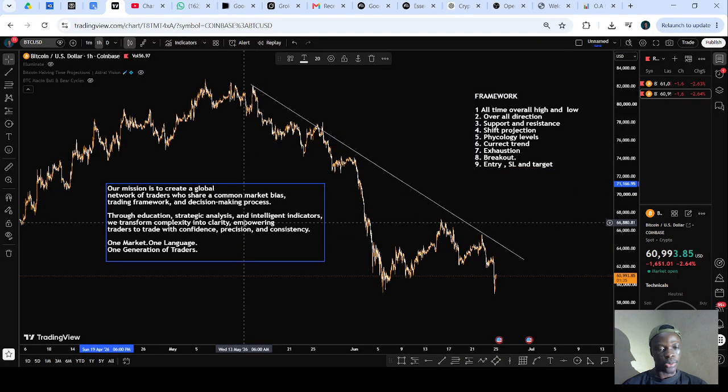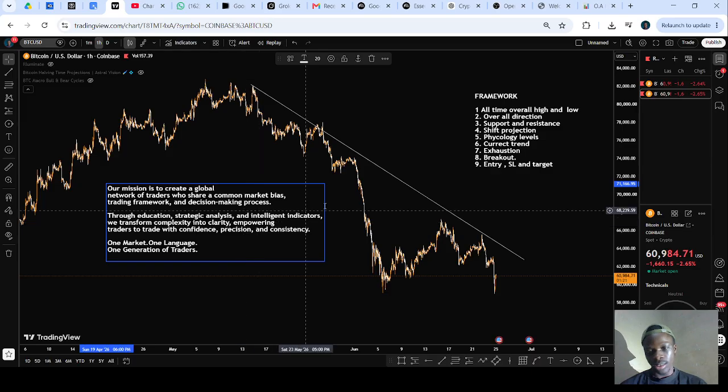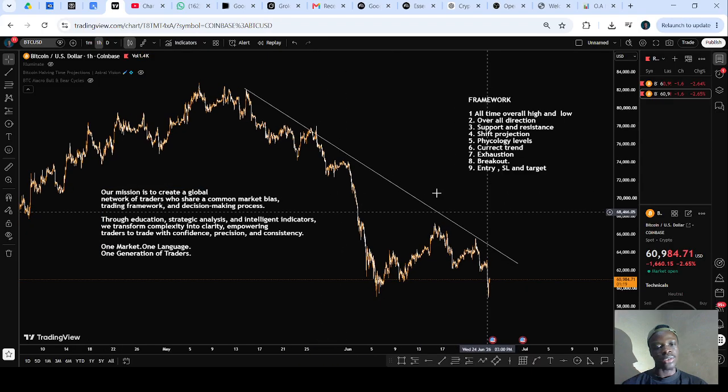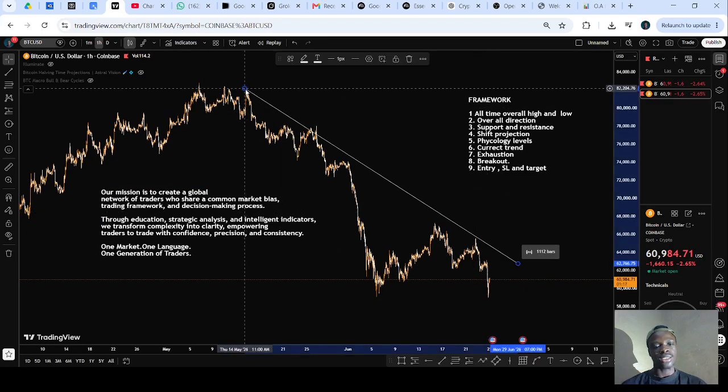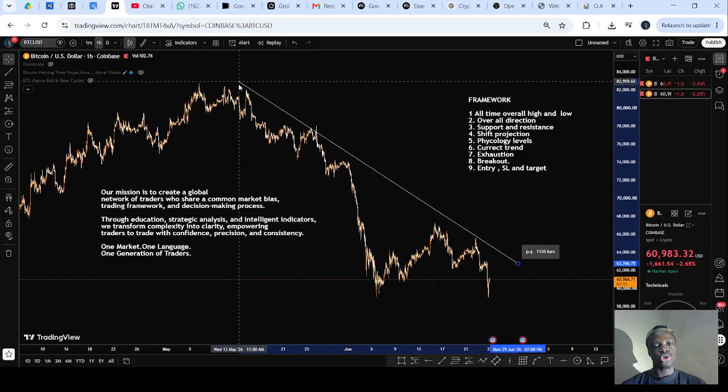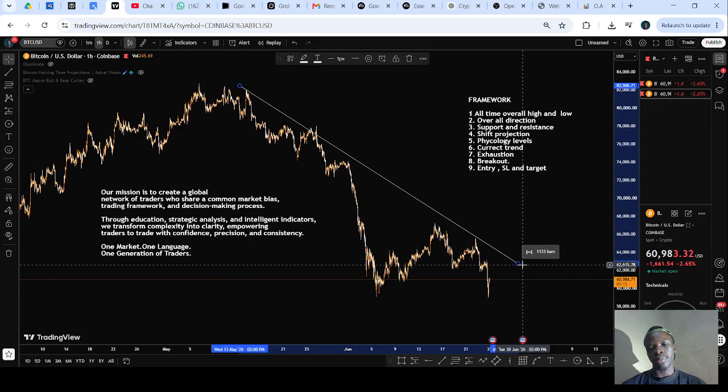As you all know, our mission, our dream is very simple: for us to have a network of traders who share the same market bias, trading framework, and decision-making process. As traders, most of the time we tend to trade differently, from different perspectives.